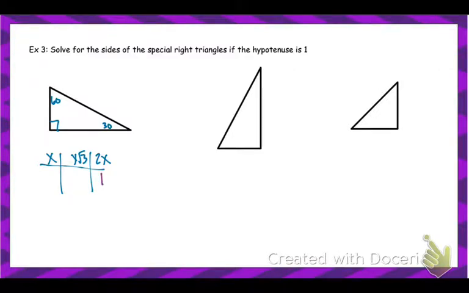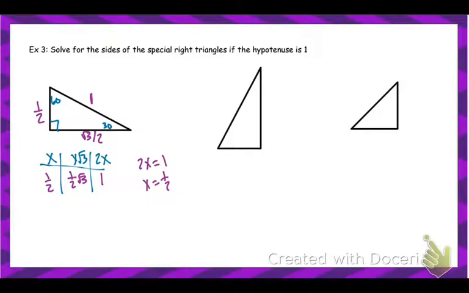Well, if my hypotenuse is 1, then 2x is equal to 1, so my x is 1/2. So across from 30 is 1/2, and across from 60 then is 1/2 root 3, or root 3 over 2. Now those values may look familiar because we just saw them on our first example, but you'll see that here in a second.